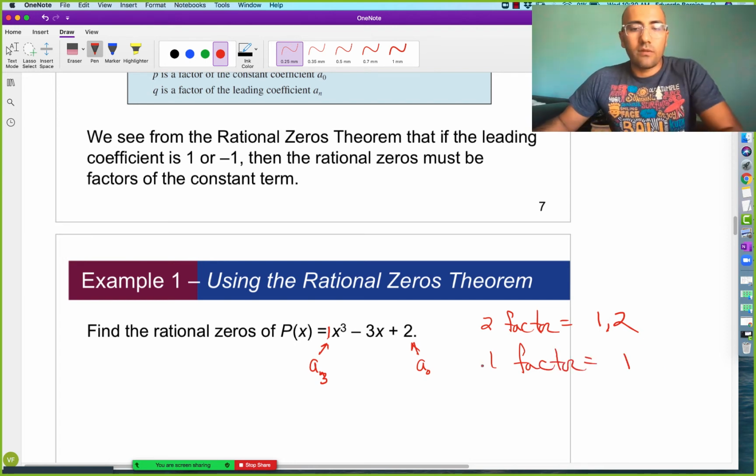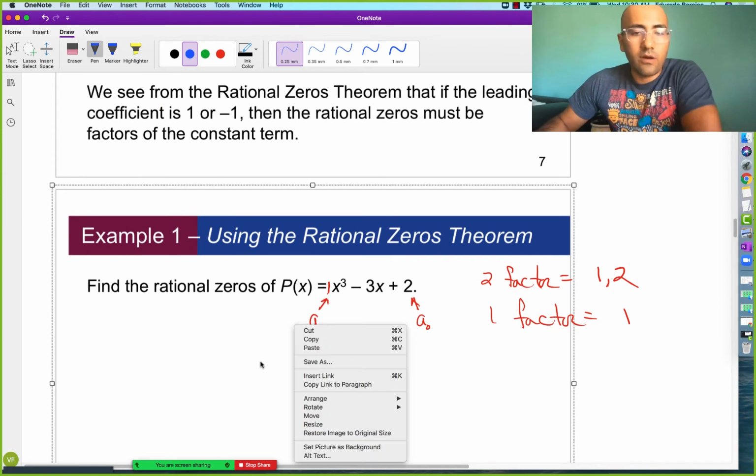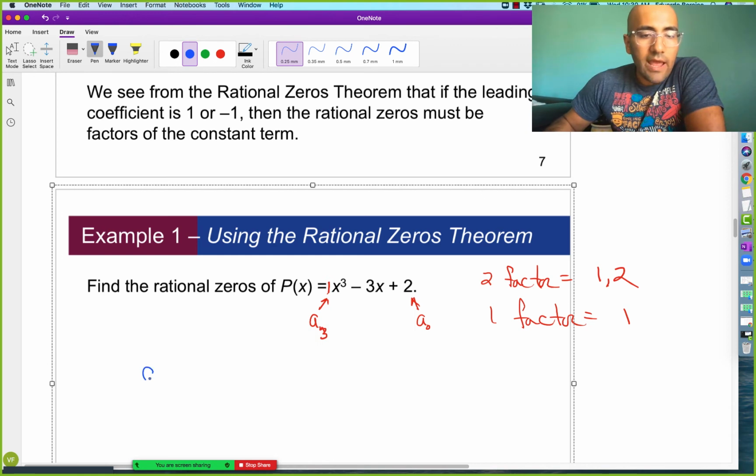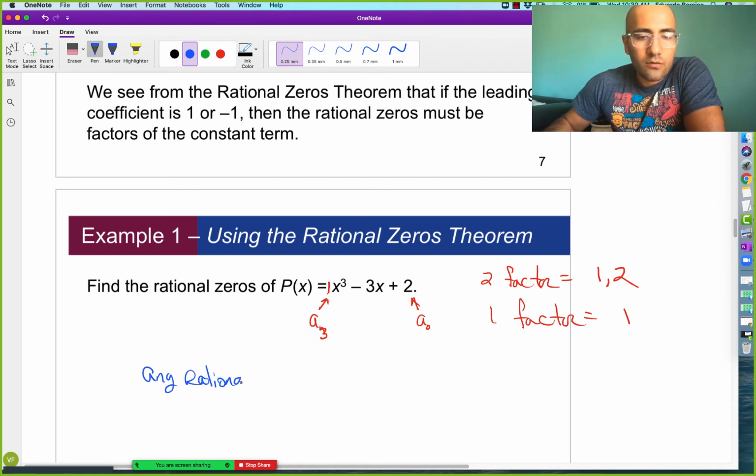But, okay, so this theorem says that any rational zero of this will be in the list, right?